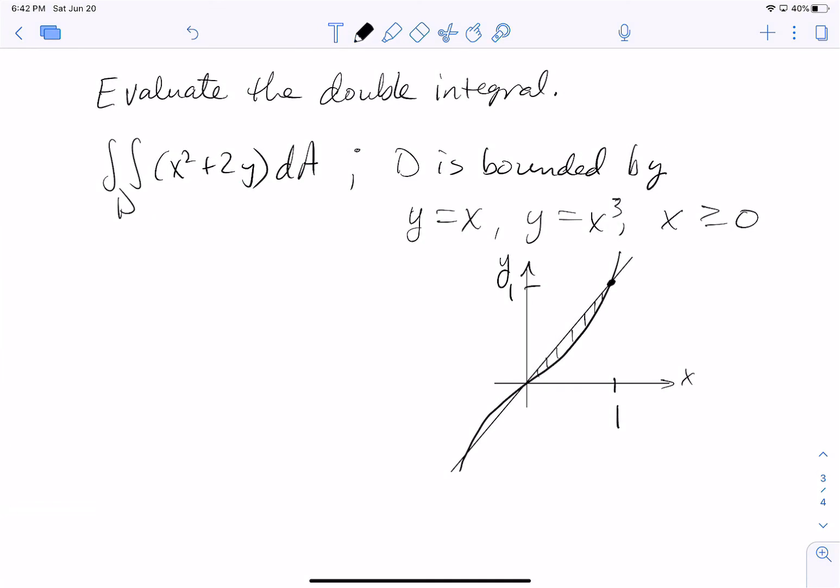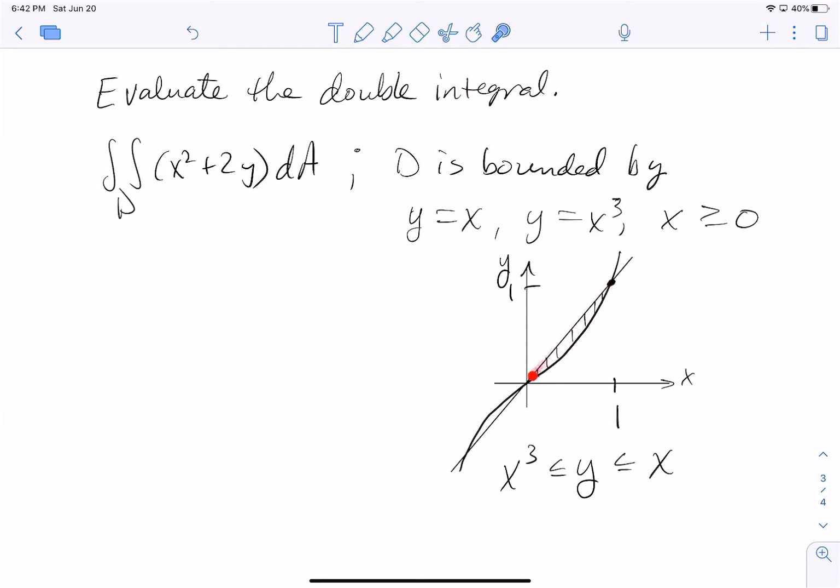So I'm going to go ahead and identify this as a type 1 region. I said I don't usually care about that, but since you have the vocabulary, I may as well use it. And y is going to go from, in this region, the cubic curve, up to the linear function. So y goes from x cubed to x.